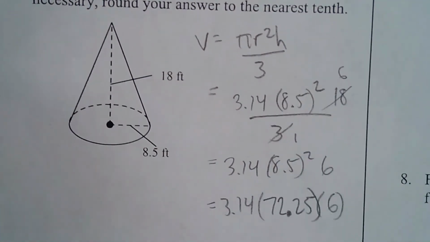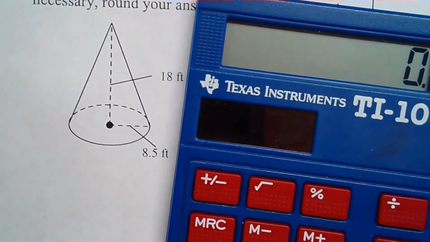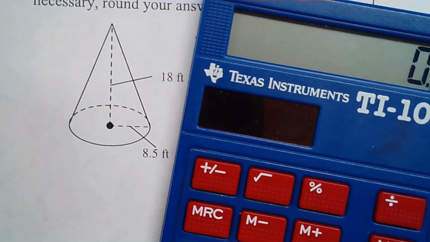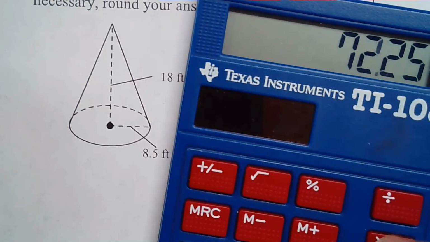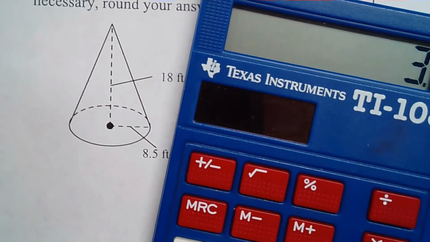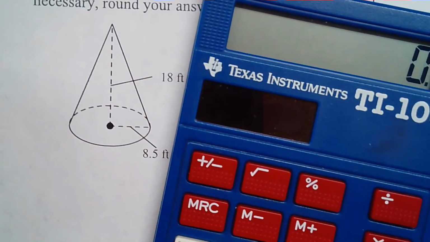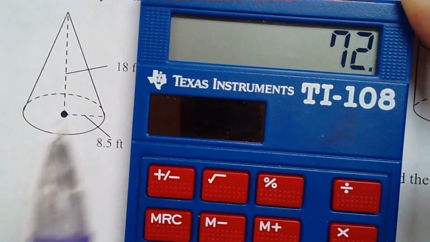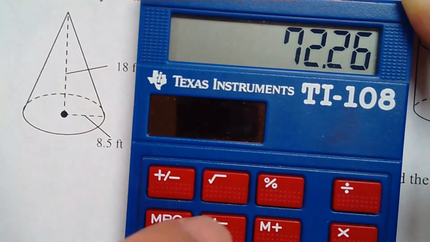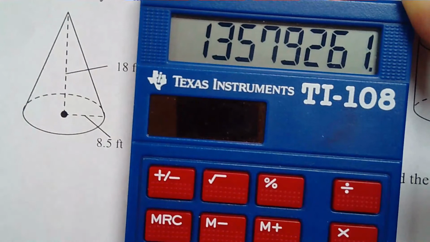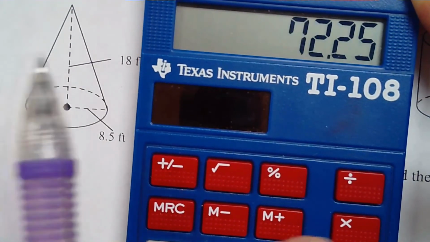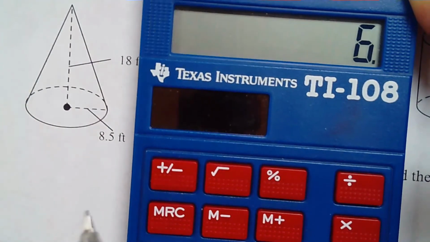Okay, well, that's waiting for a calculator right here. 72.25 times 6 times 3.14. Okay, I keep doing it wrong. 72.25 times 6.